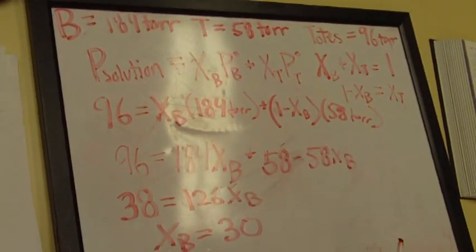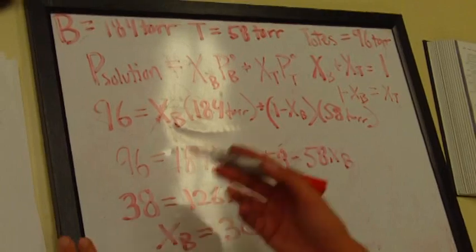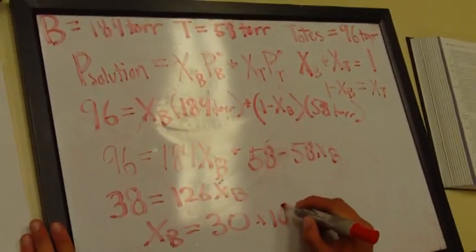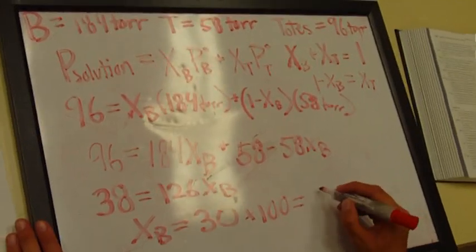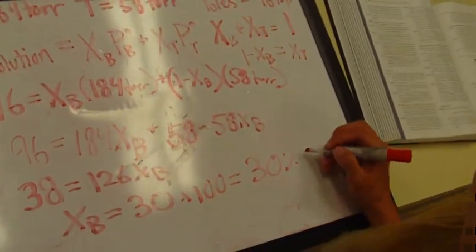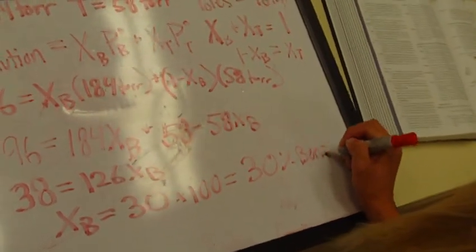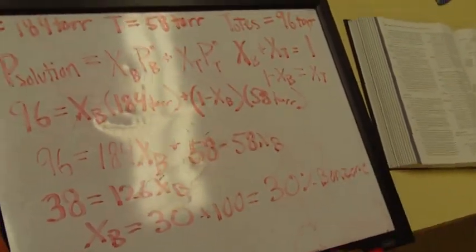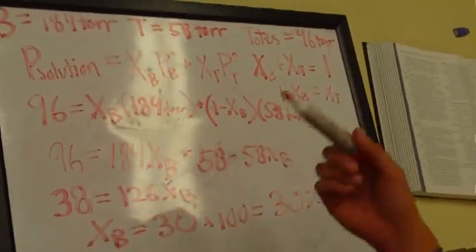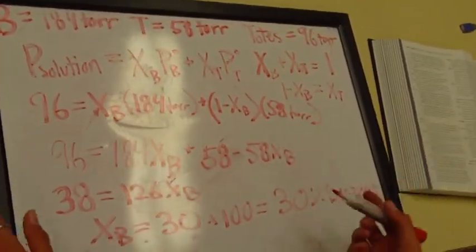So if that's the mole fraction, all I have to do is multiply it by 100 to get the mole percent. So the mole percent is going to be 30% for benzene. And just by process of elimination, you have two things and they're both percentages, they add up to 100.